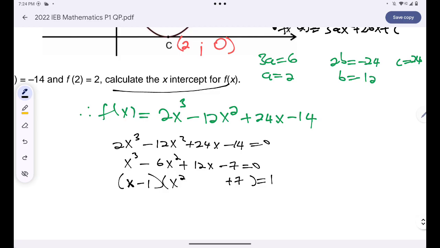And then for me to find the value of the middle term, I just need to say negative 6x squared minus the product of this. So I'll simply have negative 6x squared minus negative x squared. This will give me negative 5x squared, but I'll write it as negative 5x. Right?